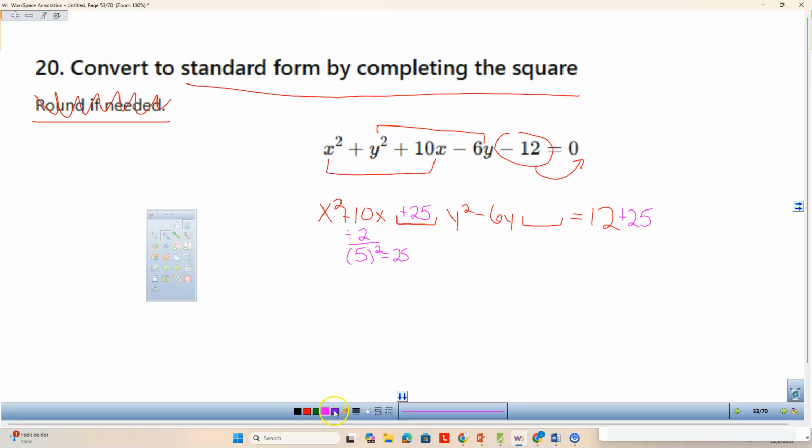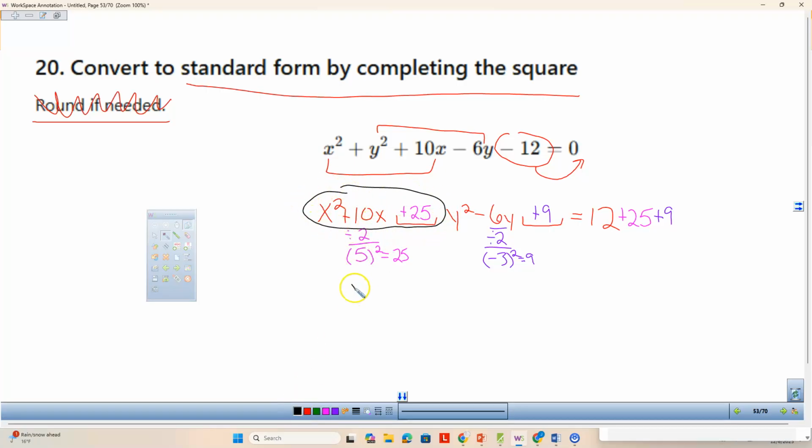It's not as bad as it looks. You're just going to do the same thing over. That's negative 3, right? Divide by 2. Square it. Add it to both sides. Okay? That's it. One more step and I'm done. Is this something that's factorable now?